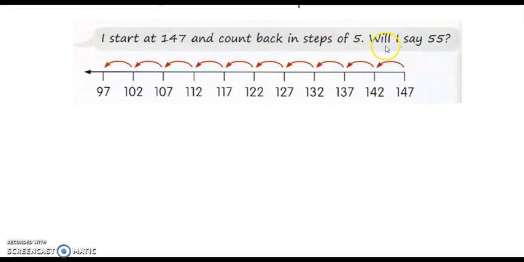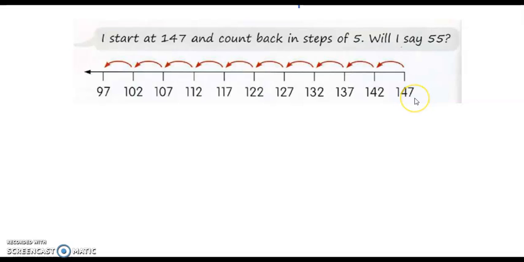The question is, will I say 55? If you remember, when we counted on, we added every time, but now because we are going to count back, we are going to subtract, or minus, every step. So now we are going to count back in steps of 5, which means I'm going to minus 5 every step.